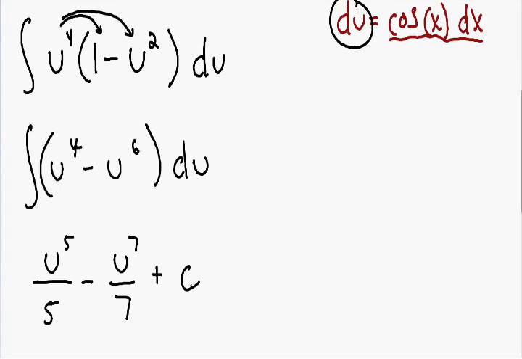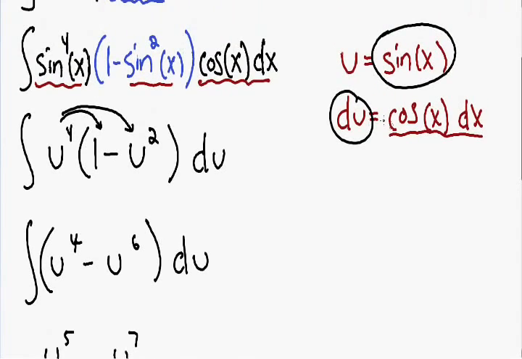So now we have completely integrated, but our final answer should always be in terms of x, not in terms of u. So let's plug everything back in for u in terms of x. Our u is equal to the sine of x.